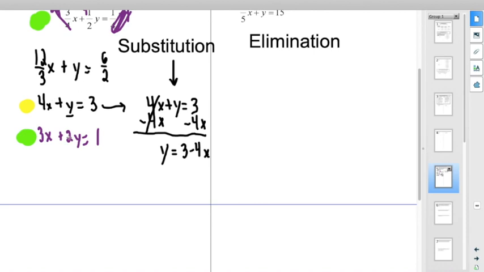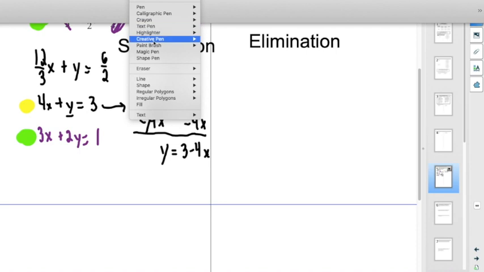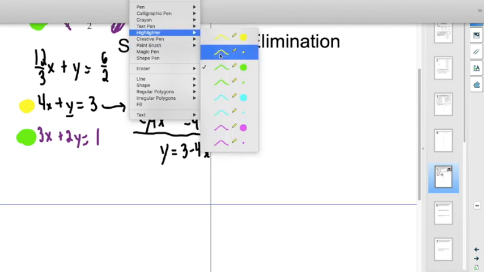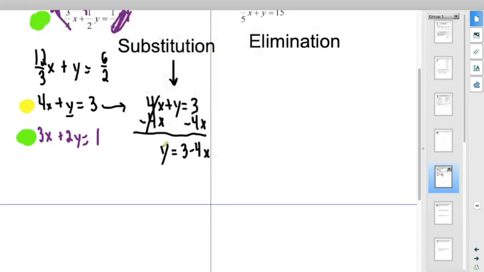Okay, so let's substitute it into the 3x plus 2y equals 1. I'm going to substitute in y equals 3 minus 4x, and I'm going to put it into this piece here. So it's going to be 3x plus 2 times y, and this piece is what is going in for y.